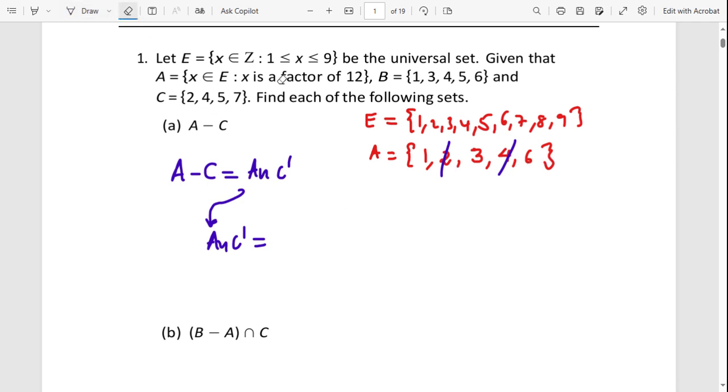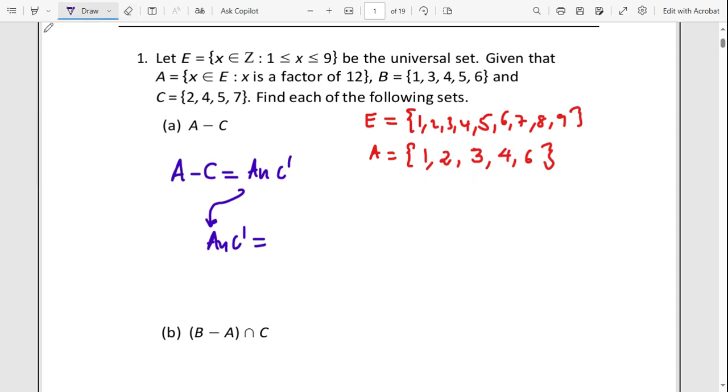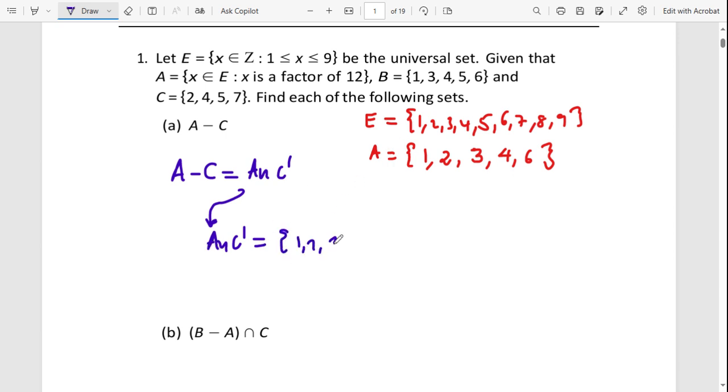But in case you don't want to do that, you can use the formula, the stepwise way. So you have the set A, which is 1, 2, 3, 4, and 6. And then intersection, we'll find the set C complement. C complement means not in C, but part of the universal set. So the universal set has a 1 and it's not in C. The 2, I'll not write because it's in C. I'll write 3.